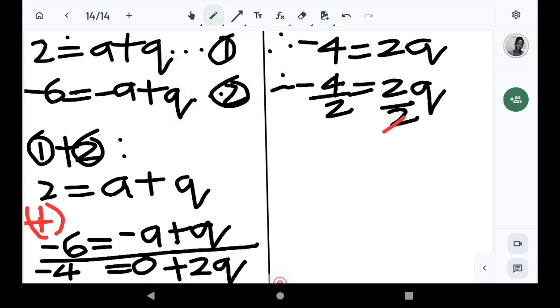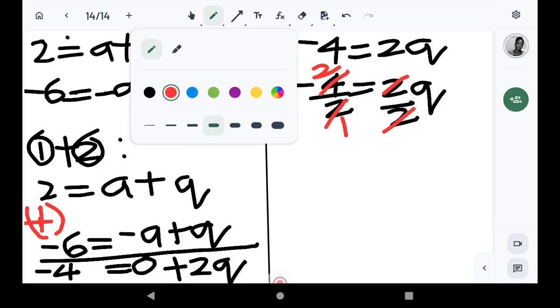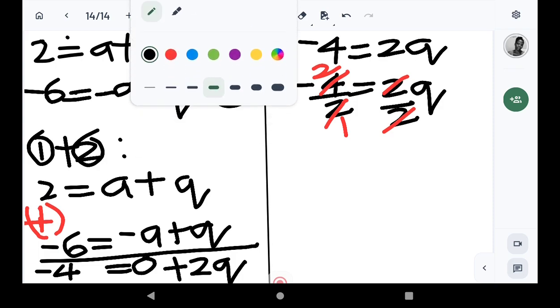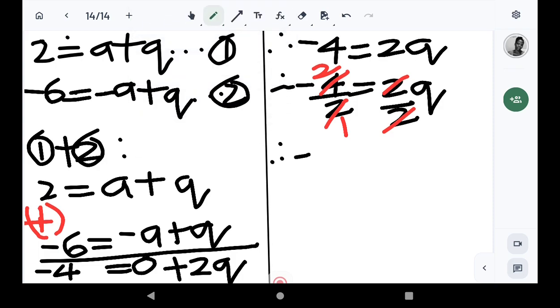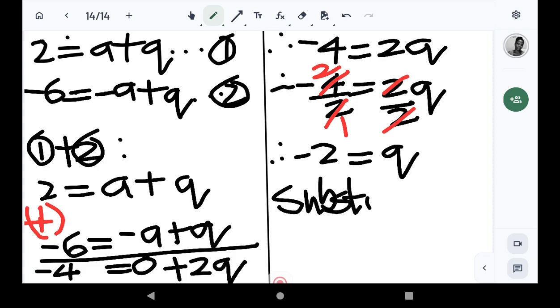Very important. The 2's cancel out and you're left with Q. 2 goes into 2 once and into 4 twice. Therefore, on the left hand side, you're left with negative 2 equals Q. And that's your Q.